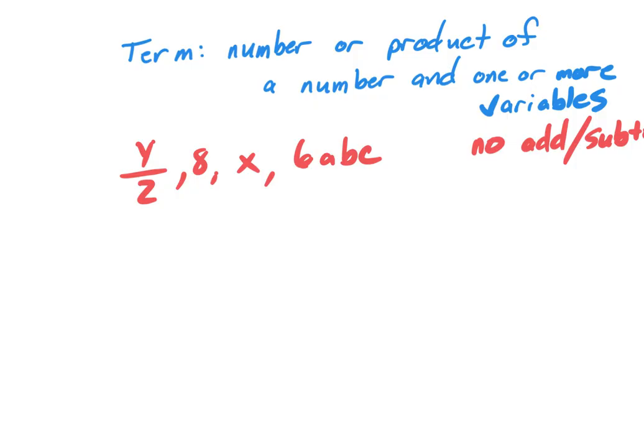Because y divided by 2 would really be the same thing as taking 1/2 times y. Those two are equivalent to one another. So one way you could think of it as multiplication, another way you could think of it as division, but it's saying the same thing. Neither one of those is necessarily better than the other. It's just a couple different ways of writing it. But still no addition or subtraction can be included.